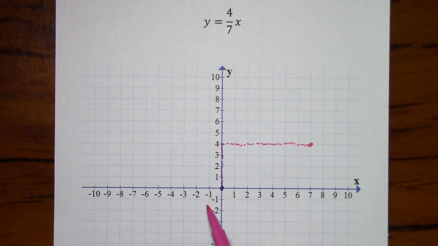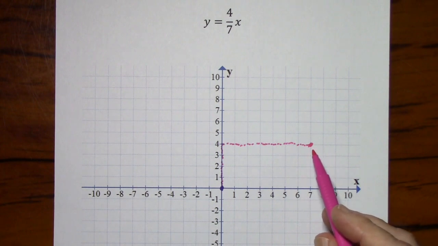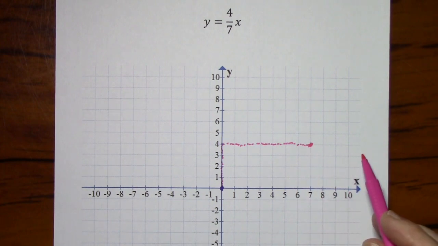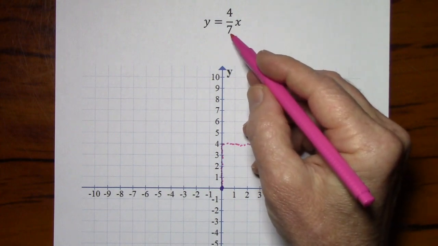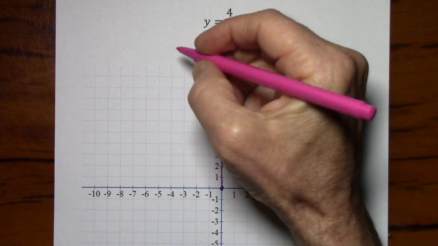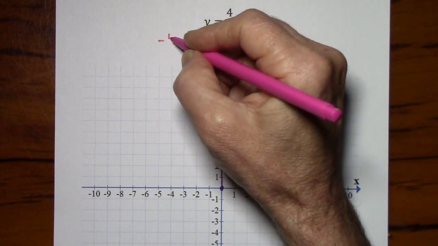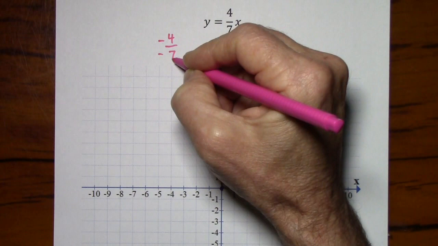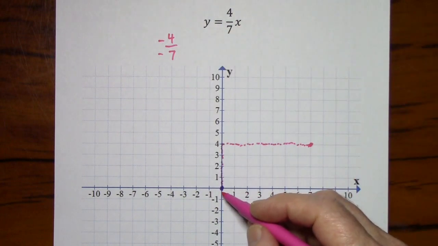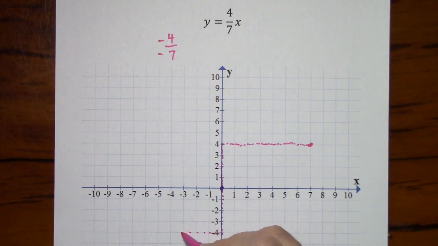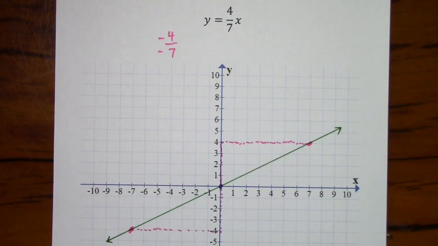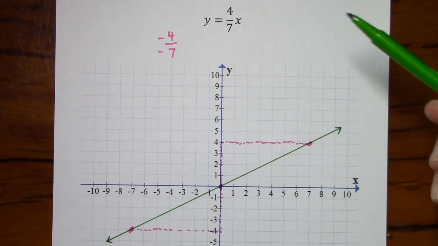Since I like to have a third point on the graph when I draw the line, and if I keep going this way, I'll be off the graph that I have showing, I'll do the same thing I did on the previous problem. 4/7 can also be written as -4 over -7. So I'll go down 4 and back 7. Put a dot. So here we have all the solutions to our equation.